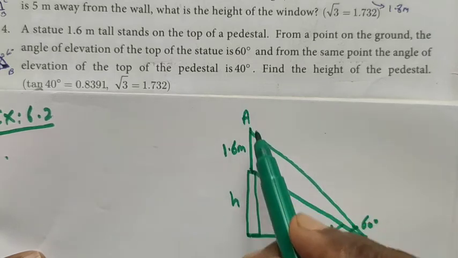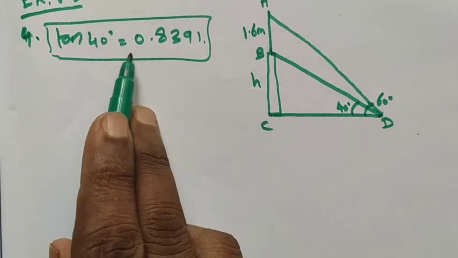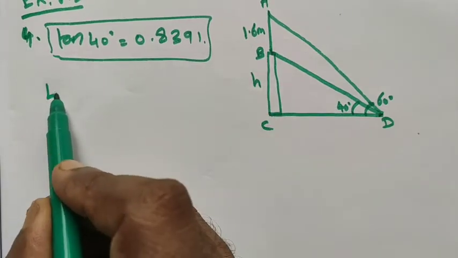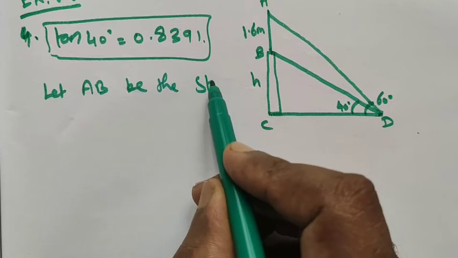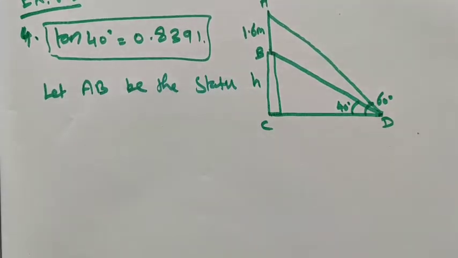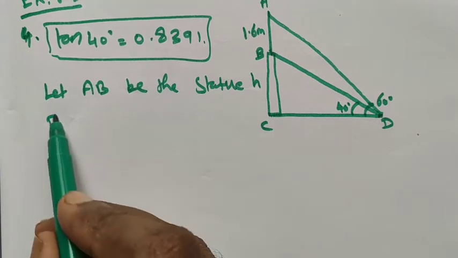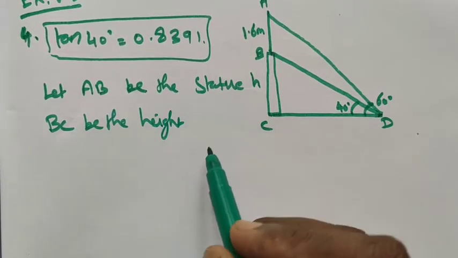Let me take it as A, B, C, D. Now let me take it as the given tan 40 is equal to 0.8391. Now you have to explain this. Let AB be the statue and BC be the height of pedestal.